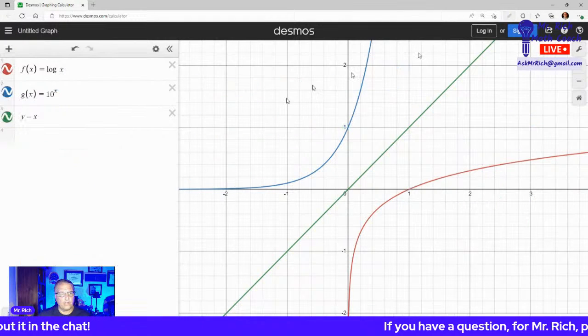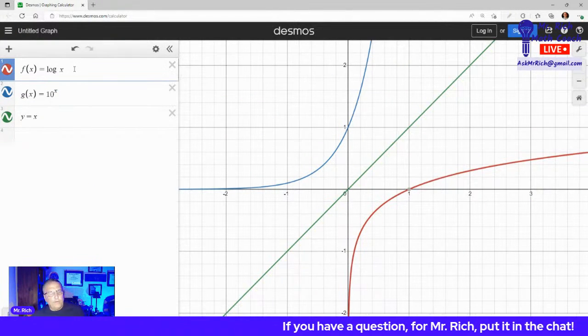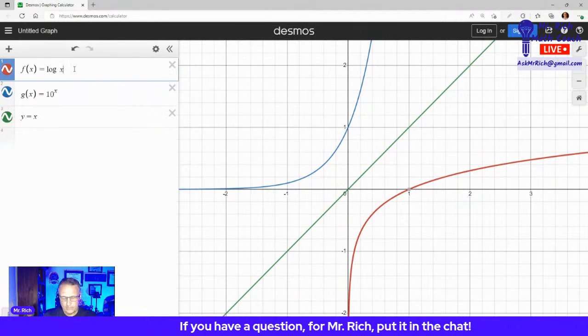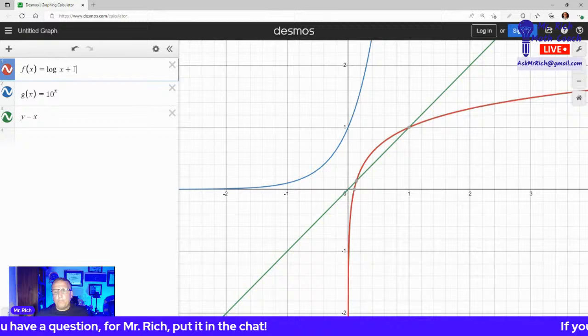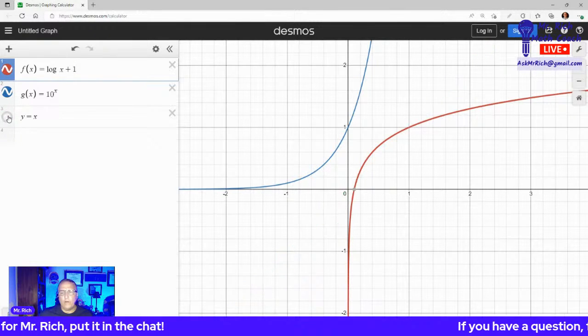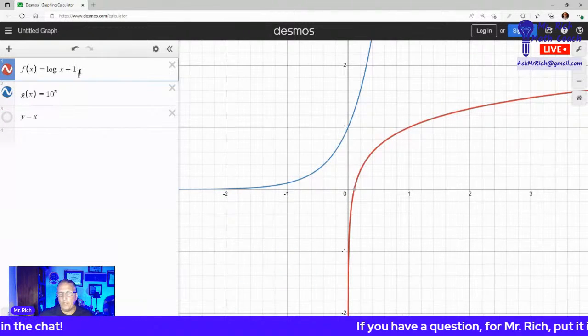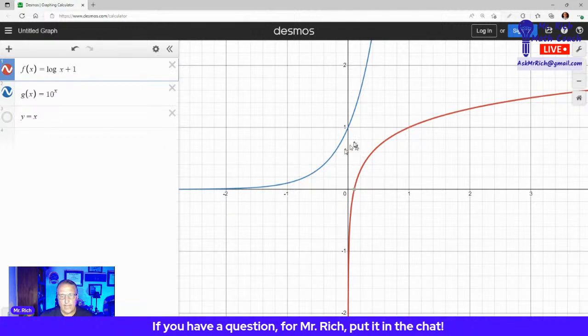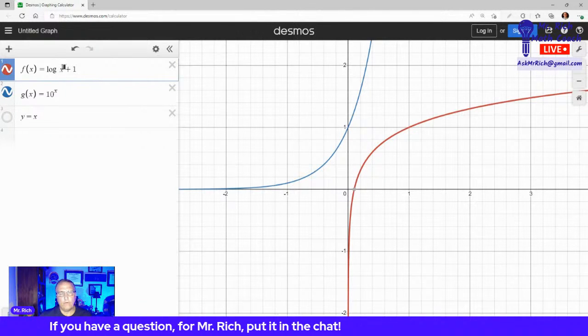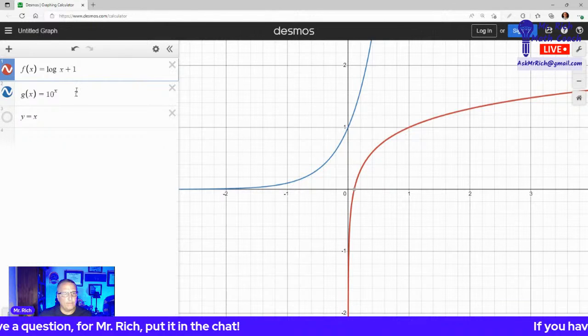I'm going to get rid of my annotations there, and let's do a vertical shift here. If I take log base 10 of x and I put a +1 there, what I've done is I have just shifted that up 1 unit. I didn't alter the vertical asymptote. It stayed put, but now it was just shifted up vertically by 1.